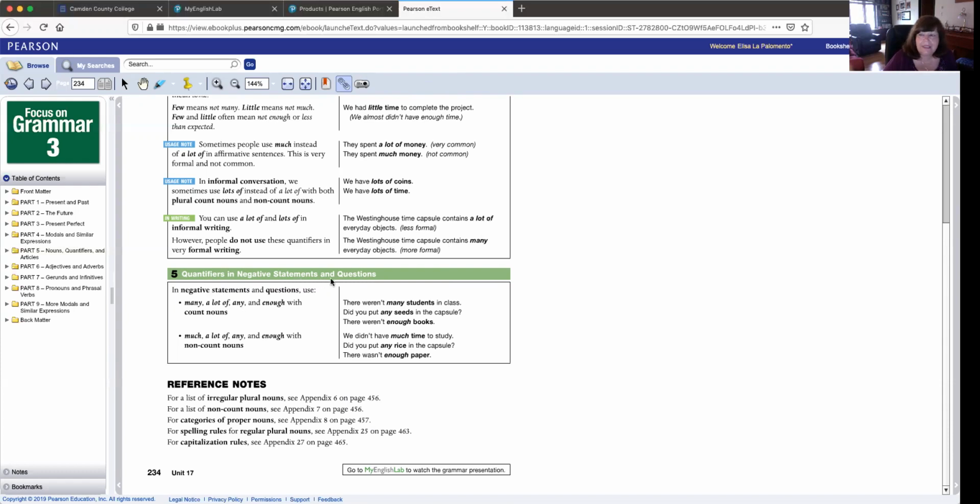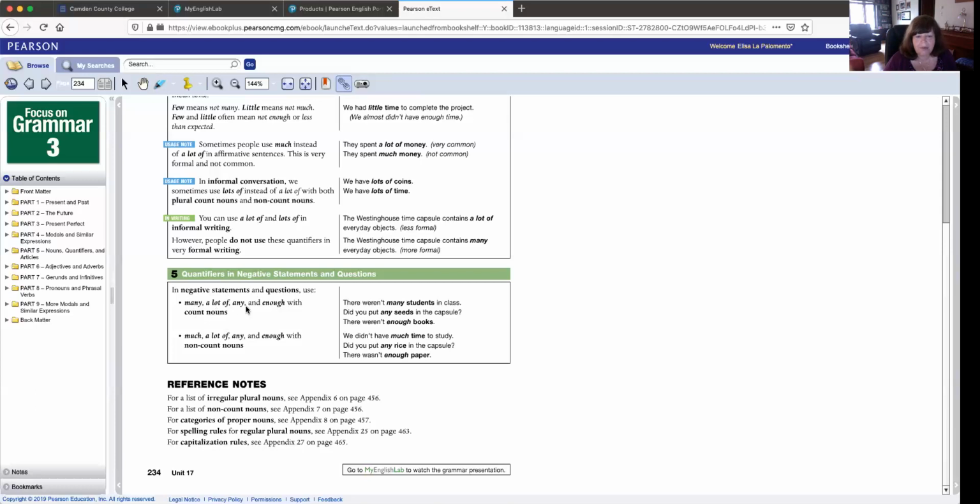In negative statements and in questions, these differ. Okay, we talked about how you can use many, a lot of, and enough, even in affirmative statements. However, in negative statements and questions, the word any is added. And you cannot use the word any with affirmative statements. But in negative statements, you can use any of these, or in questions.